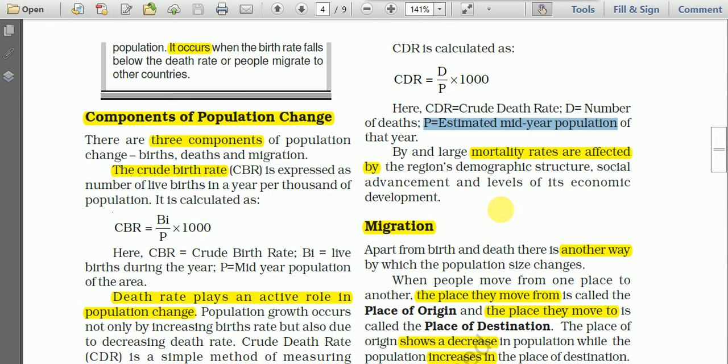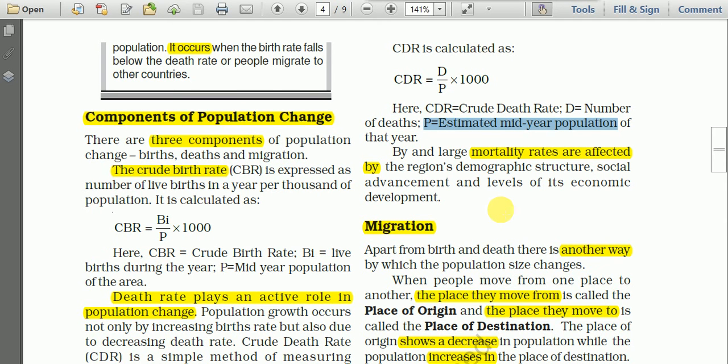Okay, next we have migration. Before we start migration, remember, crude birth rate refers to how many children are born per 1000 persons in a year, and for the death rate, how many persons die for every 1000 persons in a year.